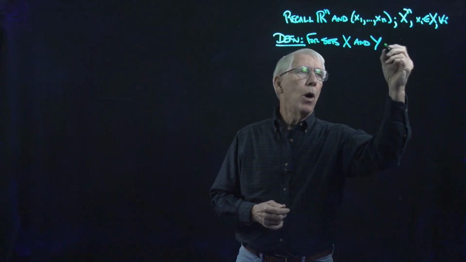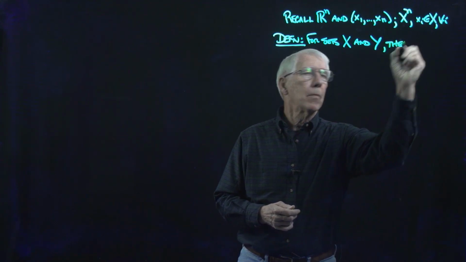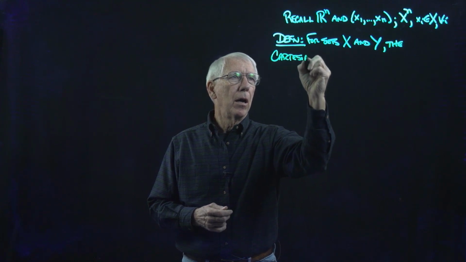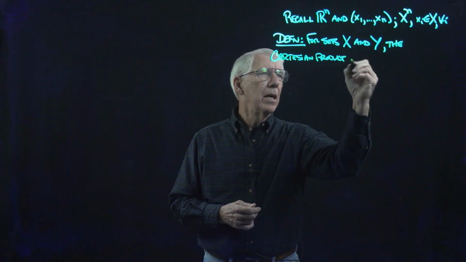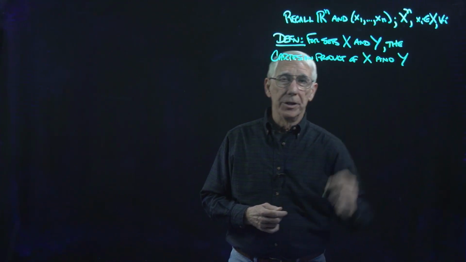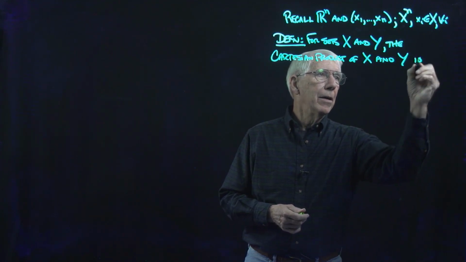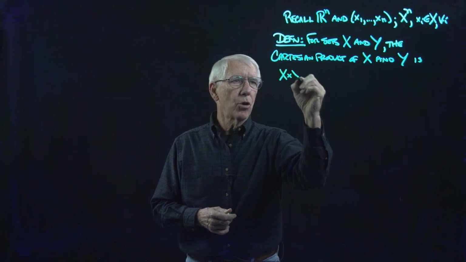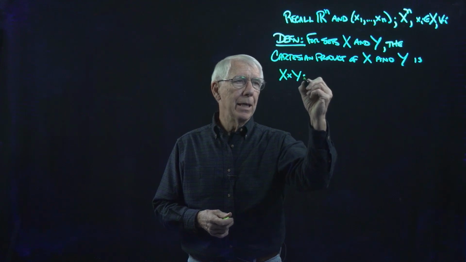For sets X and Y, the Cartesian product, I guess I could have just said the Cartesian product of sets X and Y, is X cross Y. That's the notation we use for it.